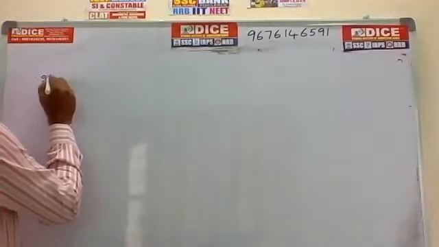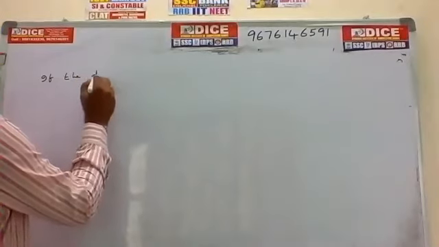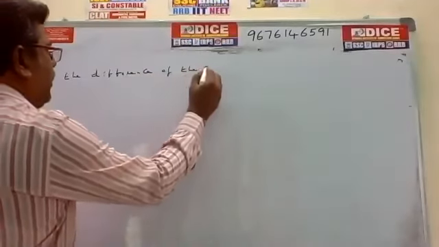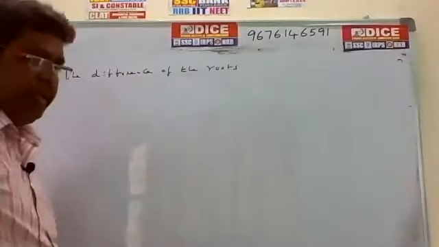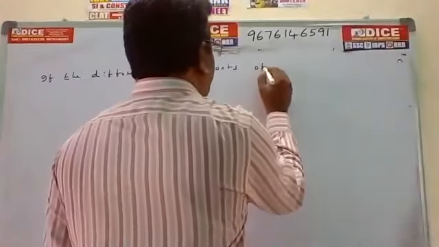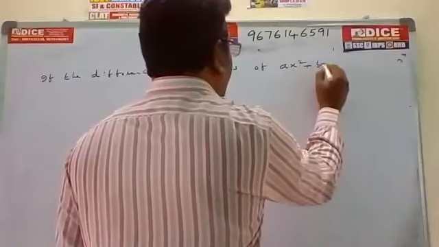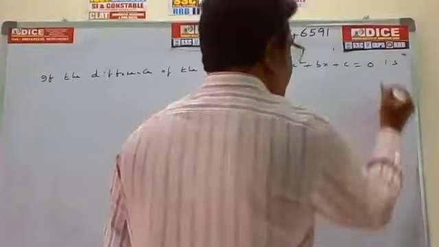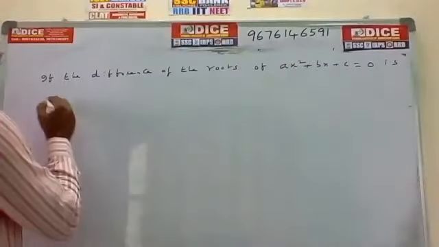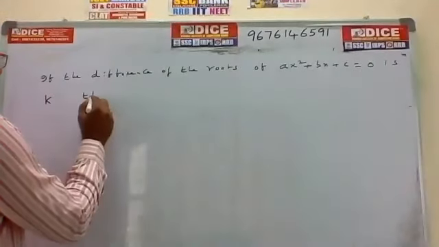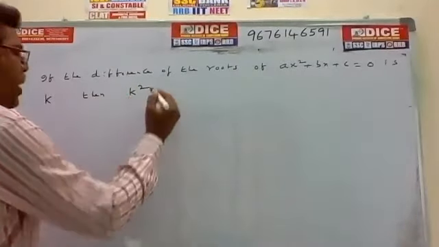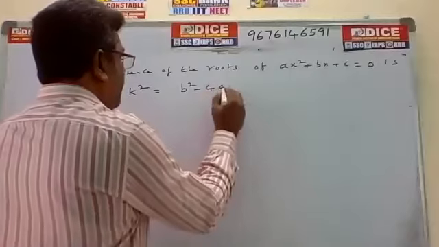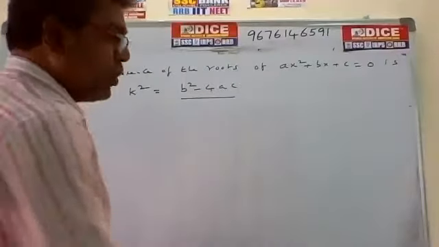Next one. If the difference of the roots of ax square plus bx plus c is equal to 0 is k, then k square is equal to b square minus 4ac by a square.